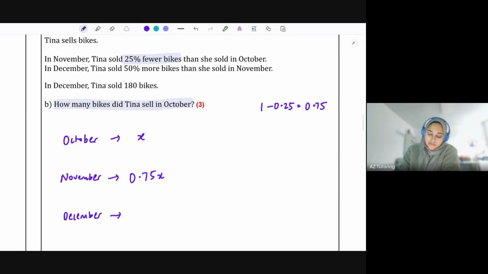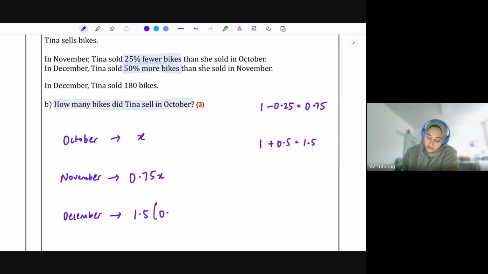Okay, in December, Tina sold 50% more bikes than she sold in November. So if she sold 50% more, it's now 100%, which is just 1, add, it's adding because it's more this time. 50% as a decimal is 0.5, so that's just 1.5. So 1.5 of what she sold in November, and November is this number here.